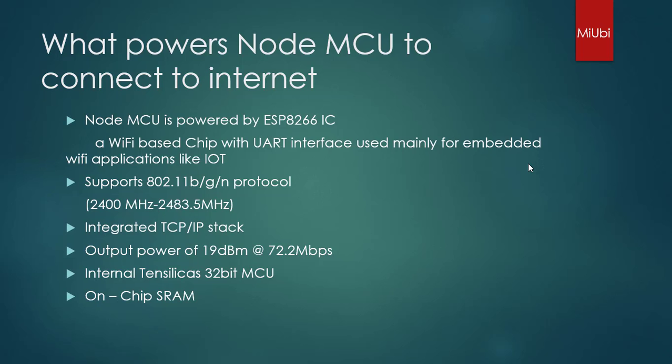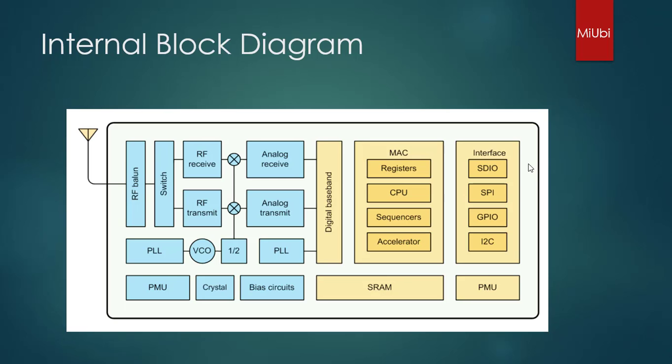It also has an integrated TCP/IP stack and an output power of 19 dBm, and it is powered internally by a Tensilica MCU. Whatever MicroPython image is running is actually running on the 32-bit MCU present on the ESP8266. If you see the internal block diagram, all this blue colored part is the analog or RF portion, and this yellow colored part is the processor portion.